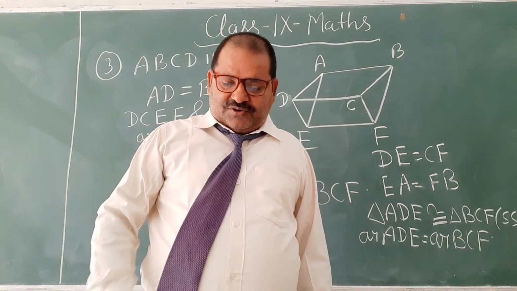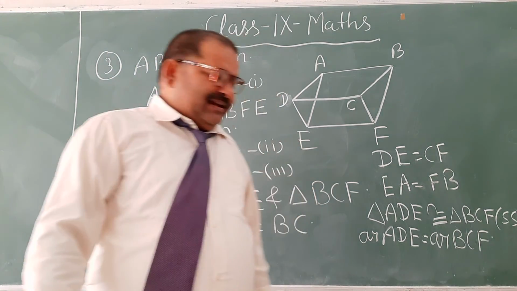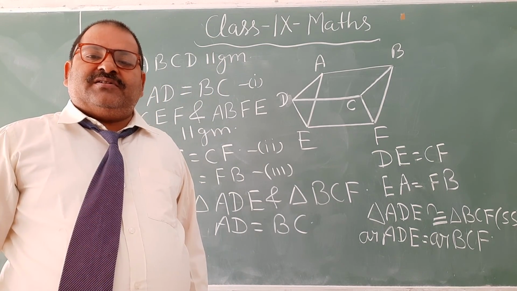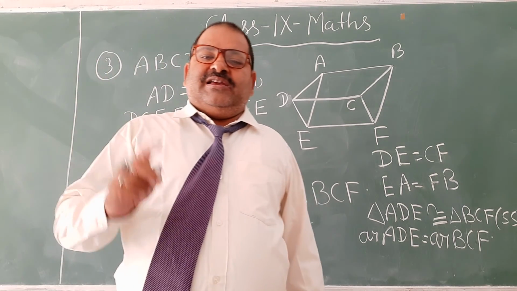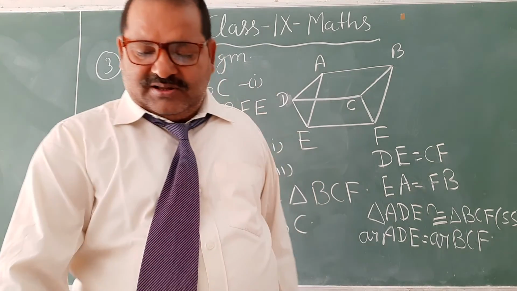So therefore area ADE equals area BCF. Triangles are congruent, then their areas are equal.